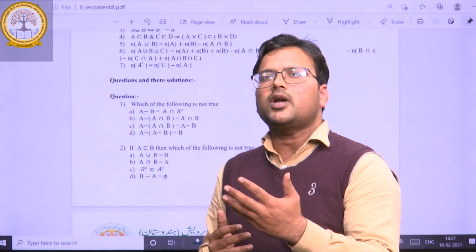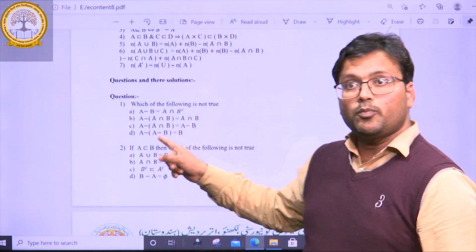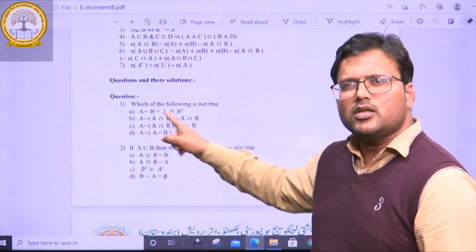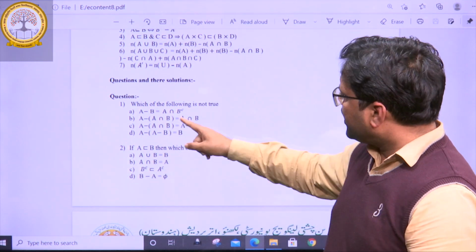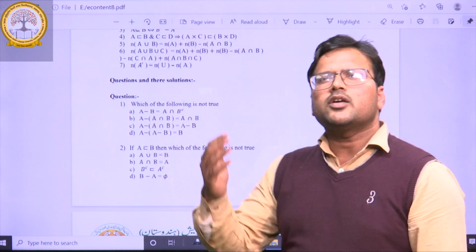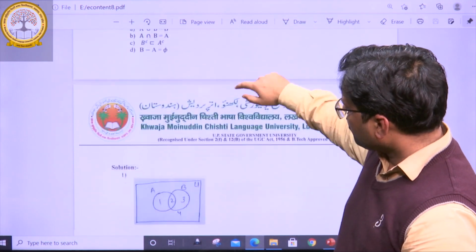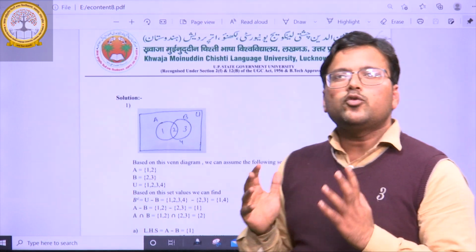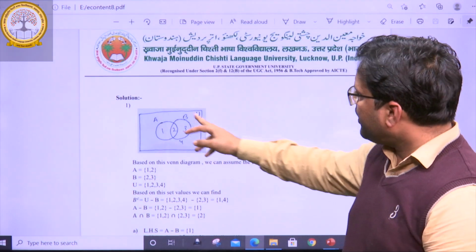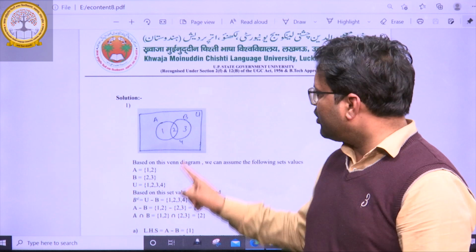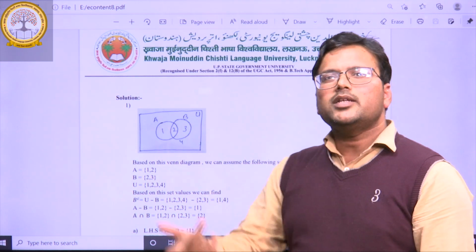So the concept of fundamental product would be used to prove all these four identities. Suppose we are taking the first question. Because we have two sets A and B, the fundamental product of sets A and B would divide the region.